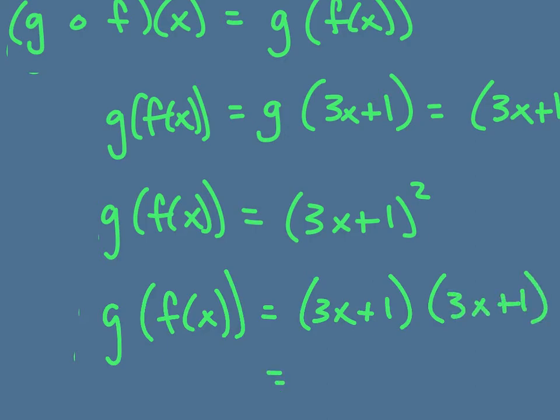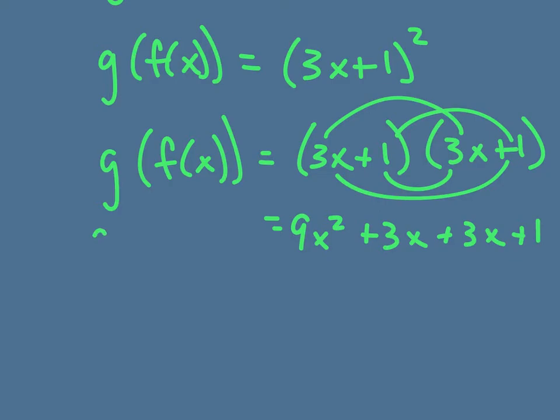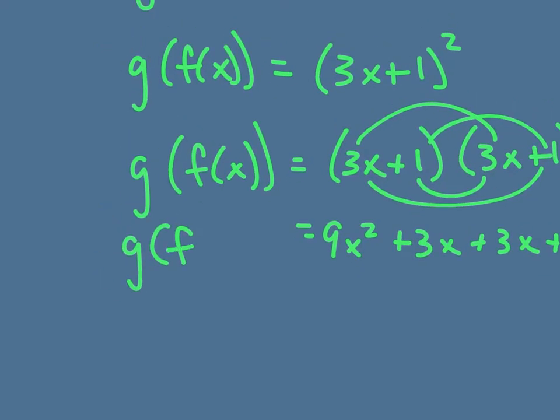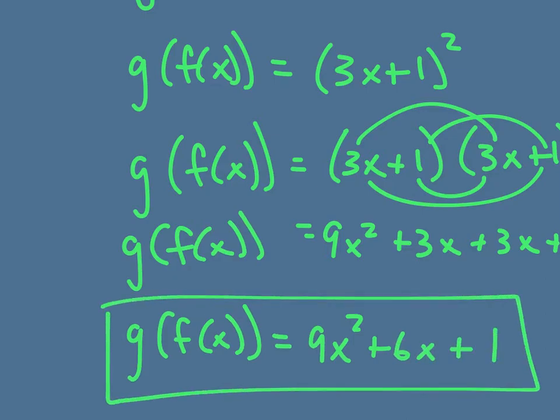If we multiply this out, I'm going to get 9x squared plus 3x plus 3x and then plus 1. So g of f of x is equal to 9x squared plus 6x plus 1. And that's what we would do on something like that.